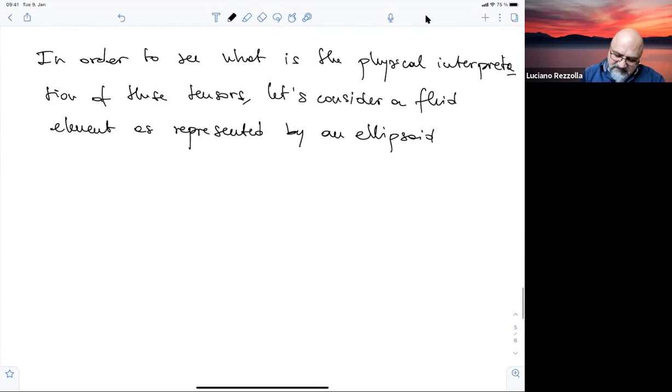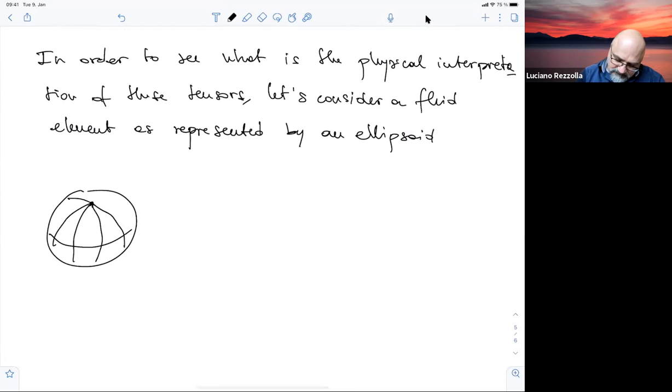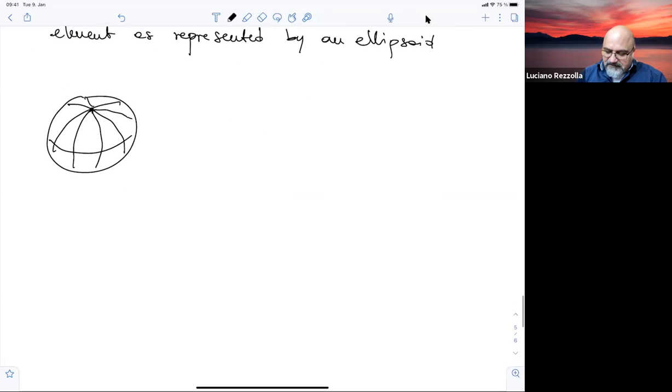Okay, so you can imagine that a fluid element is just an ellipsoid, which I will draw like so. It's a completely generic ellipsoid, so you can have axes which are not the same. Let me go from omega mu nu to a vector, because then it's easier for me to explain. So this is the vorticity vector.